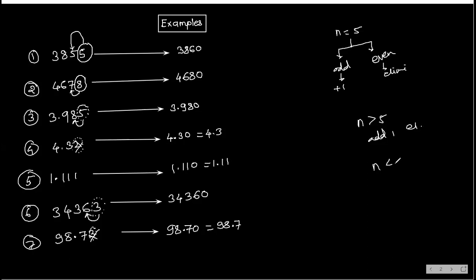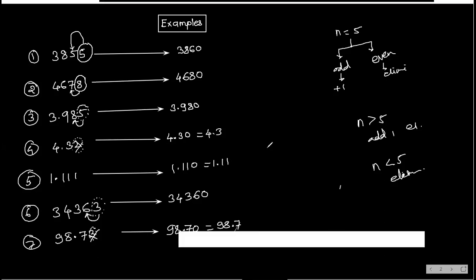And if n is less than 5, simply eliminate. Yes? This is the brief of whatever we have learned.